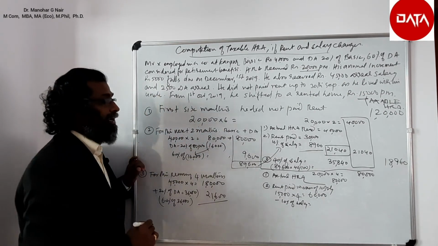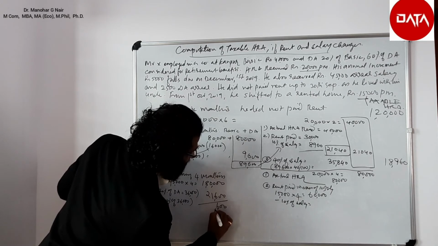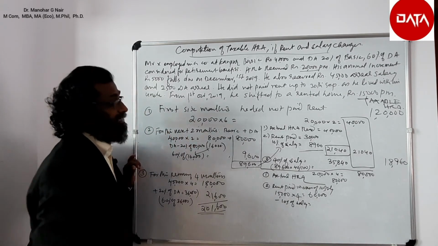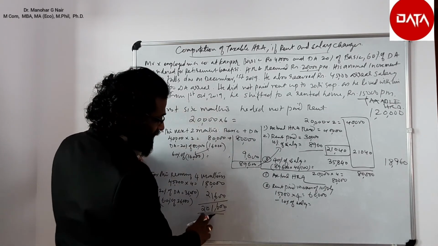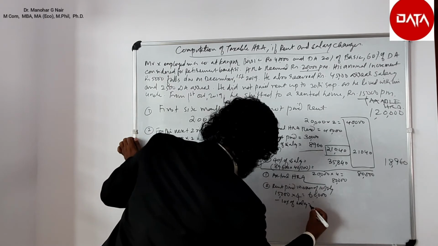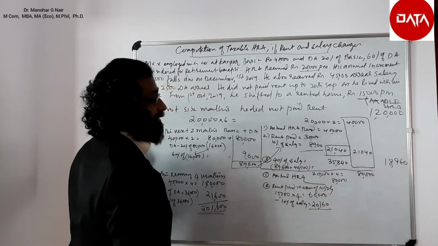So therefore the salary for that 4 months is equal to 2,01,600. So 10% of 2,01,600 is equal to 20,160, which is the 10% of salary.